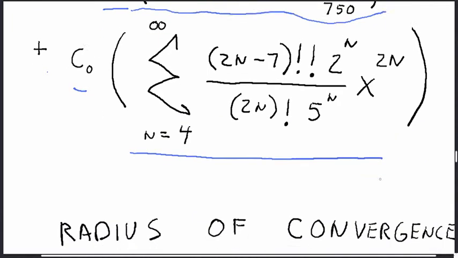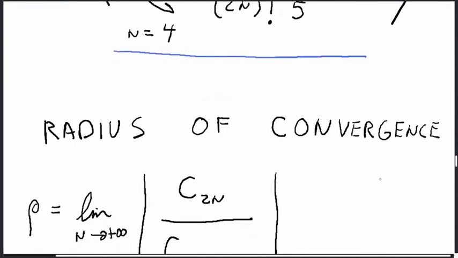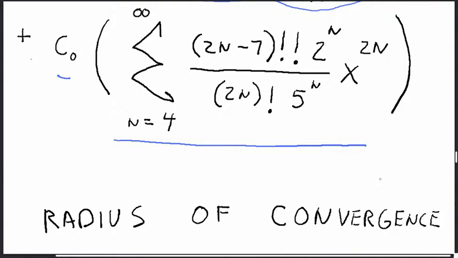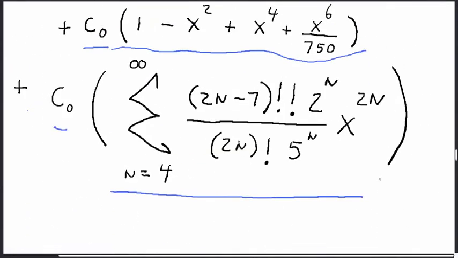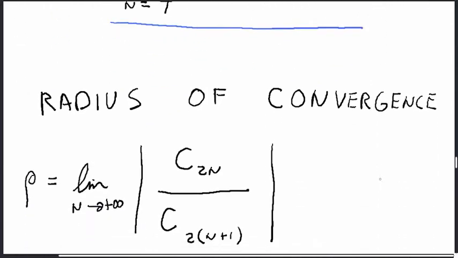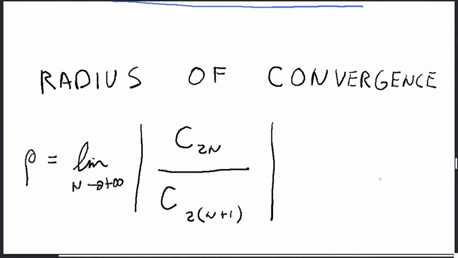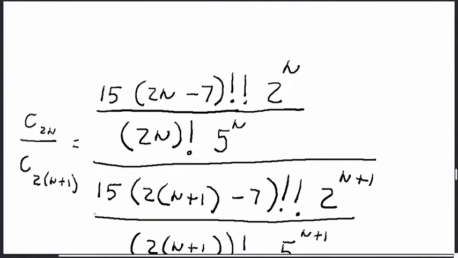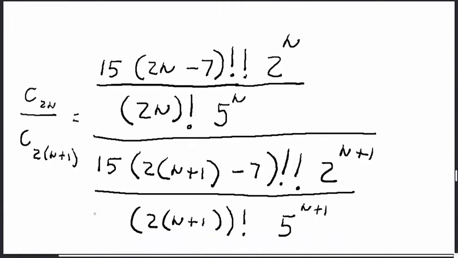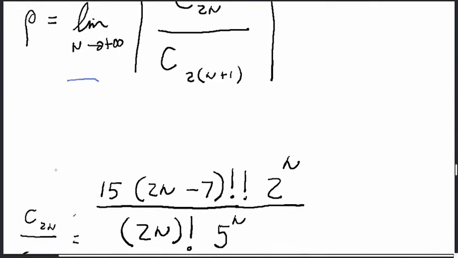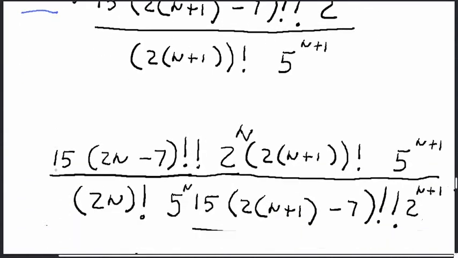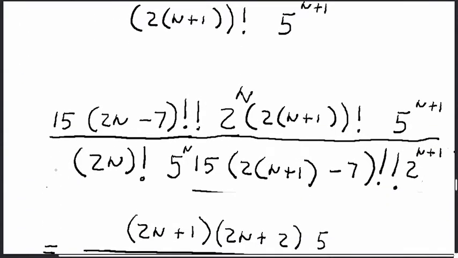Now what we have to do next is find the radius of convergence. As we learned in Calculus 3, the radius of convergence of this series is calculated by finding this limit. So we look at the ratio of the c sub 2n term divided by the c sub 2n plus 1 term, as we're looking at right here. Using some algebra, what you find is that this simplifies to a product. You can confirm this.